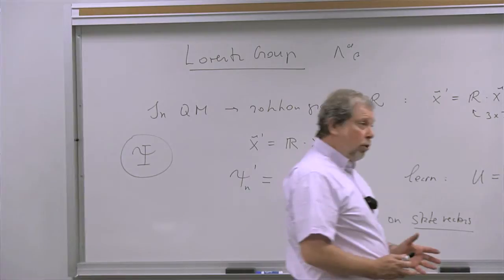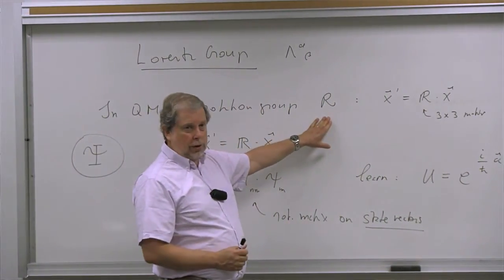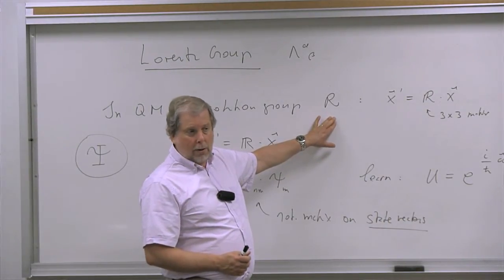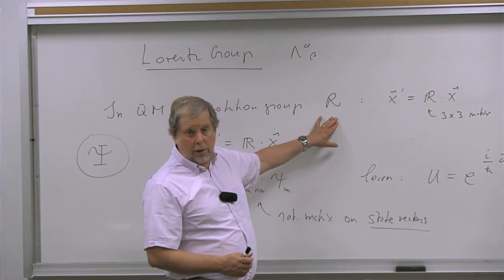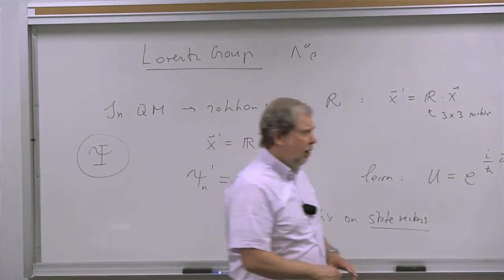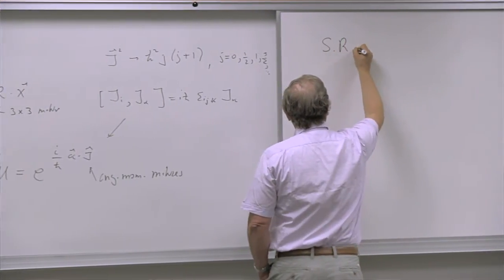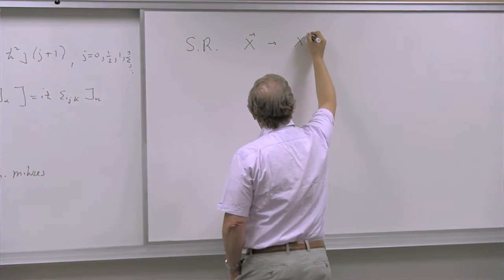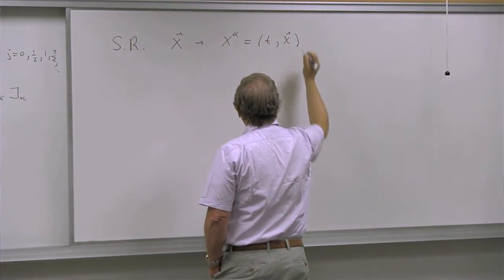Well, because the true description of the world is not in terms of rotations in three-dimensional space. The correct description after 1905 is in terms of more general rotations. So if you bring in special relativity, then x becomes x^alpha, which is t and x.